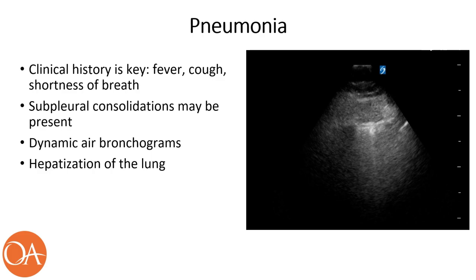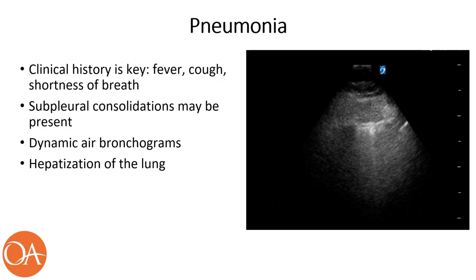Subpleural consolidations. These consolidations typically present as hypoechoic, irregular areas that are adjacent to the pleural line. Dynamic air bronchograms. This characteristic reflects air movement within the consolidated, non-aerated lung tissue and serves as a crucial differentiator from atelectasis. Lung hepatization. This phenomenon occurs due to dense inflammatory infiltration, causing lung parenchyma to assume an echotexture resembling that of liver tissue.